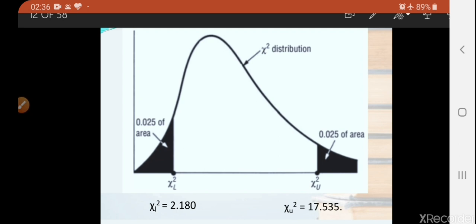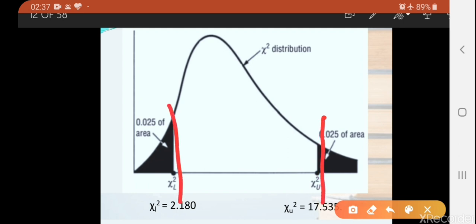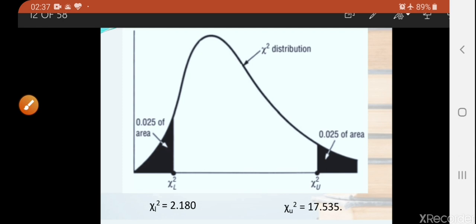For normal distribution, the limits were minus infinity to plus infinity, but in chi-square the limits are 0 to infinity. That's why we have to read from the table two different values, designated as chi-square u, the upper value of chi-square, and chi-square l, the lower value of chi-square.